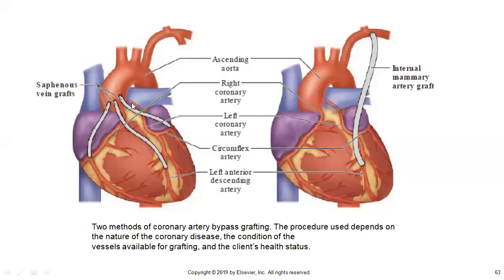So the saphenous vein is often used. You can cut the saphenous vein from the thigh and then put it in the heart. The patient's core temperature is lowered to decrease the metabolic demand during the procedure.